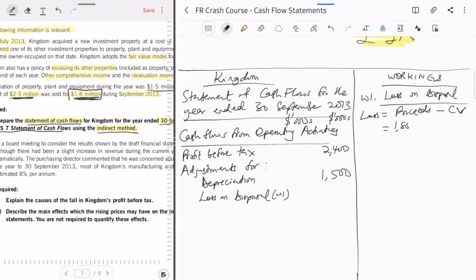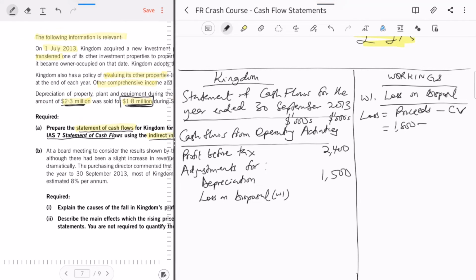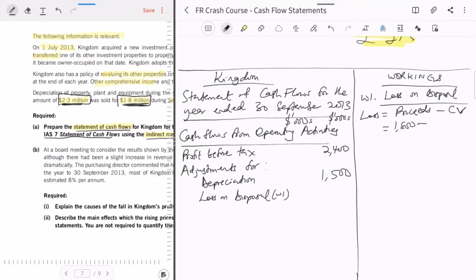So 1,800 minus the carrying amount of 2.3 million, so minus 2,300. What's the difference between 1.8 and 2.3? It's clearly 500. So it means I've made a loss of $500,000. So I come here and I put 500. Simple. Loss on disposal. Are we okay? Loss on disposal.